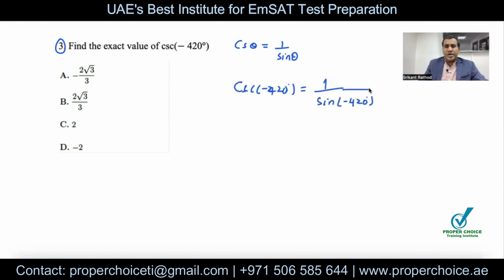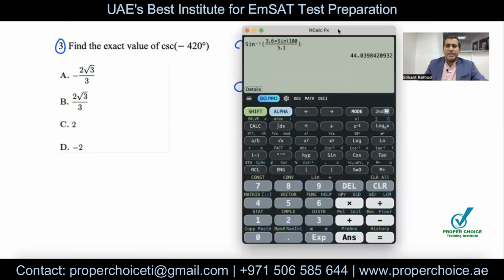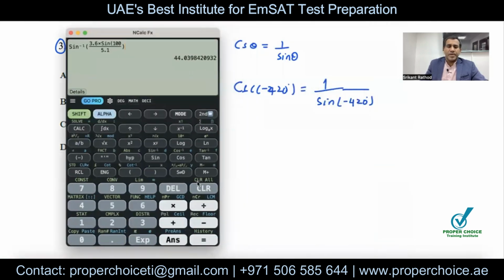Now put it in the calculator the way it is, and you'll get the answer here. So it's going to be 1 by sine of negative 420. What answer am I going to get? I'm getting the answer as minus 1.154, or your calculator might also give you values equivalent to this.